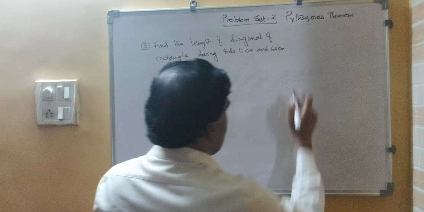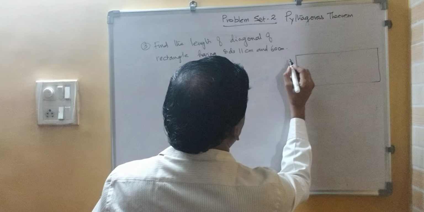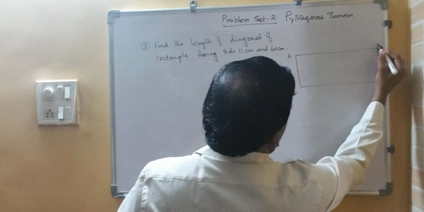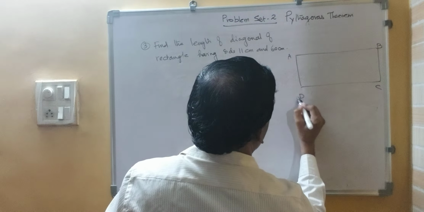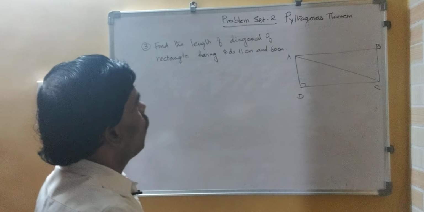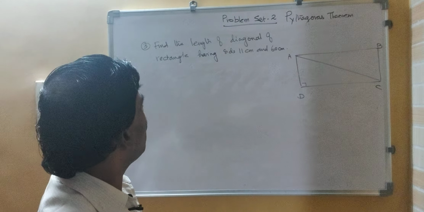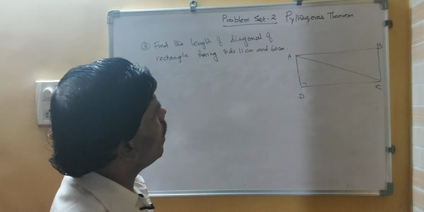Okay, now let us see. This may be the A, B, C, D. Now, see what is the length of the diagonal of rectangle having side 11 centimeter and 60 centimeter. It should be 11, it should be 60 centimeter.